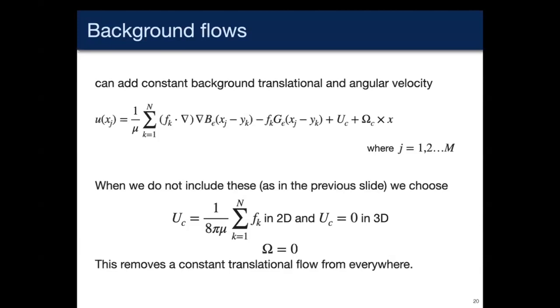Okay, so we had our solution to the Stokes equations before. Because we're working with the derivatives of the velocity in the momentum equation originally, we can add a constant flow and it's still a solution. Here what we're doing is adding both a translational constant flow and an angular constant flow.